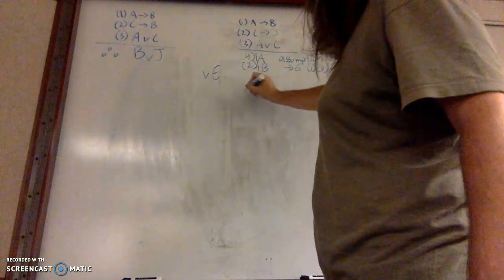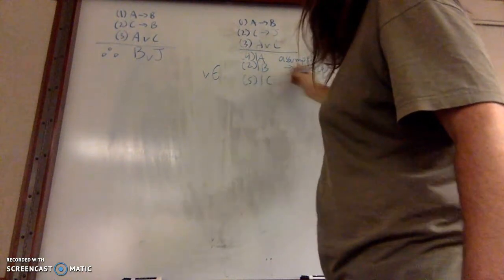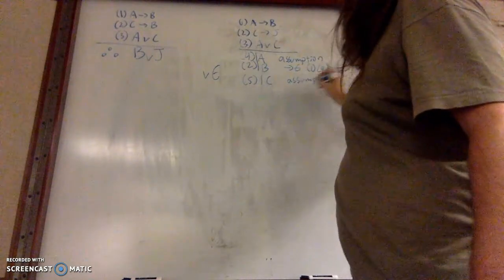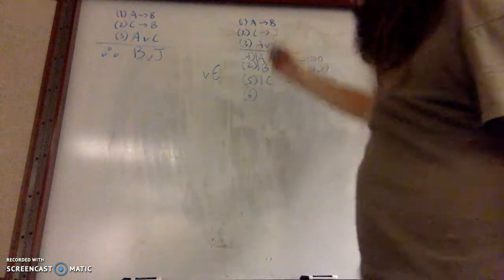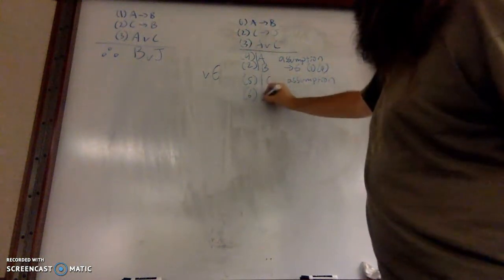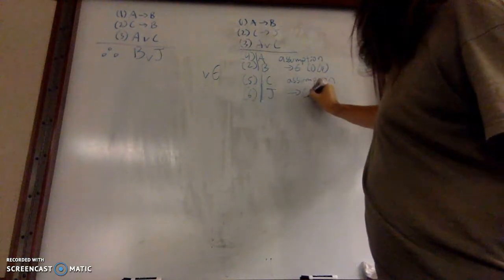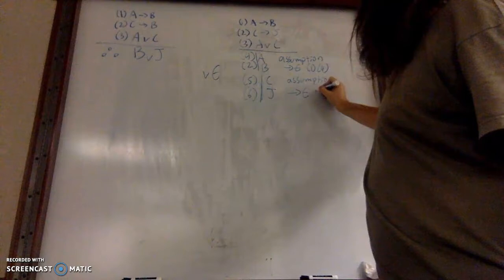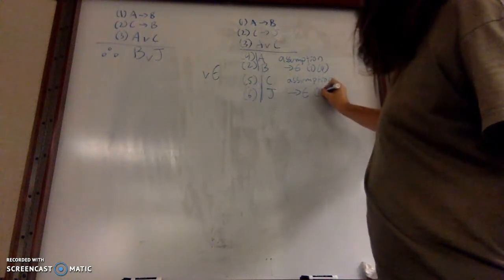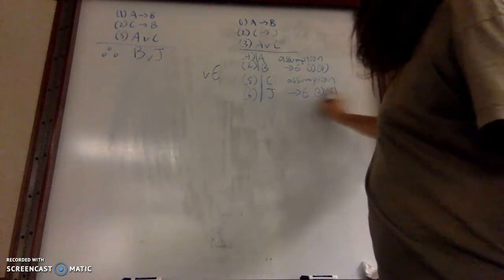Okay, and that's our first assumption. The second assumption is going to be C. Any guesses where we go next? Well, it's going to be another conditional elimination to get J, and that's going to be on lines 2 and 5, right?